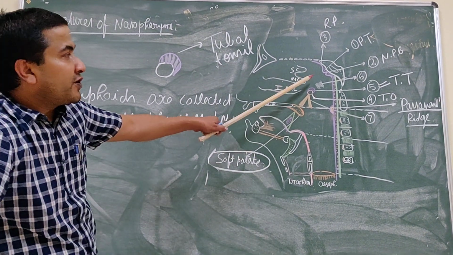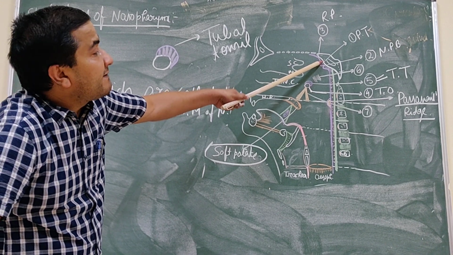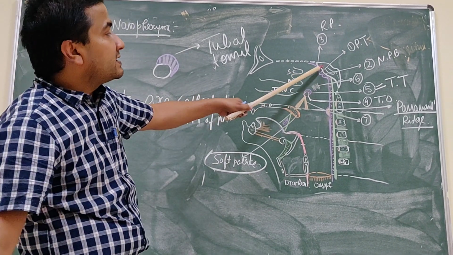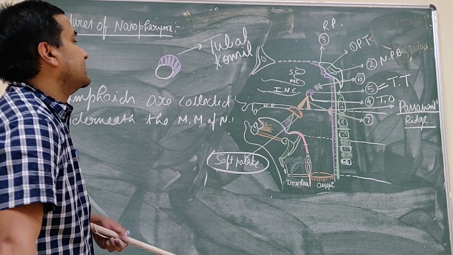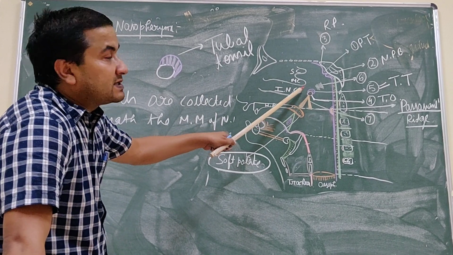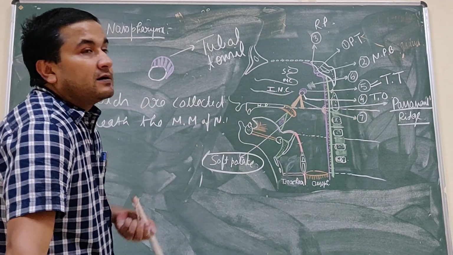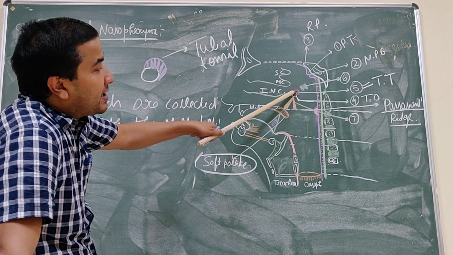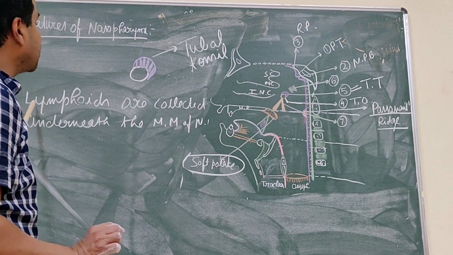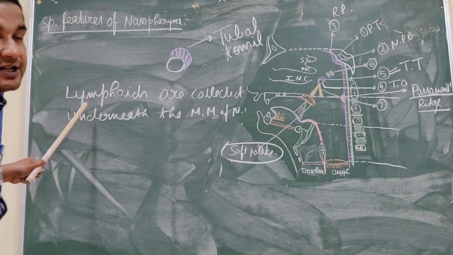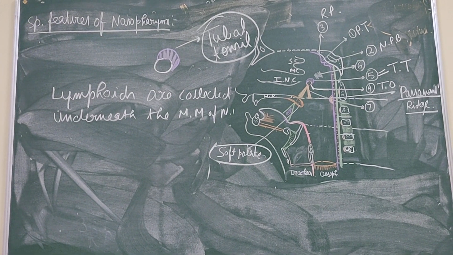So, in the nasopharynx, we have seen there are two tonsils. This is the pharyngeal tonsil, which is situated at the junction of the roof and the posterior wall, and forms the adenoids. And this is the tonsil situated above the tubal opening, the opening of the auditory tube, at the bulging situated posterior superiorly. On this bulging, lymphoid tissue is collected underneath the mucous membrane, and this is the tubal tonsil.